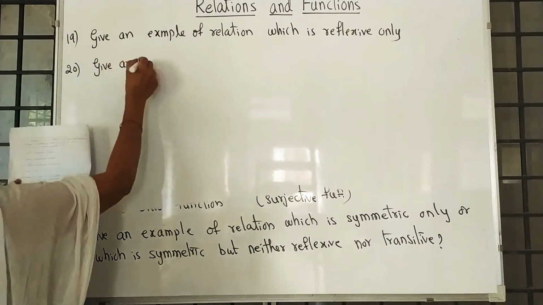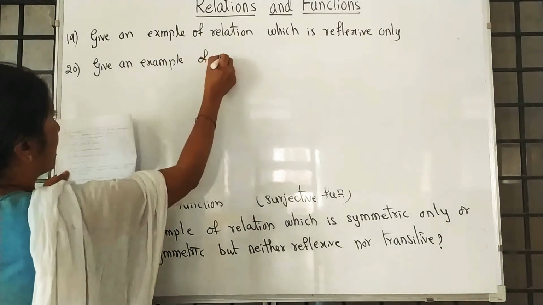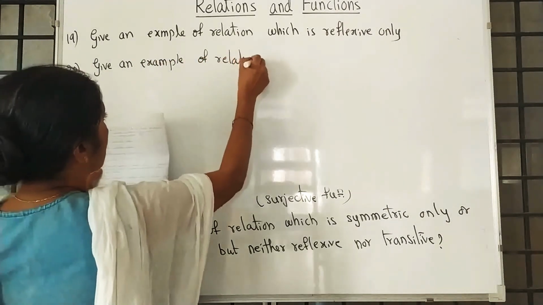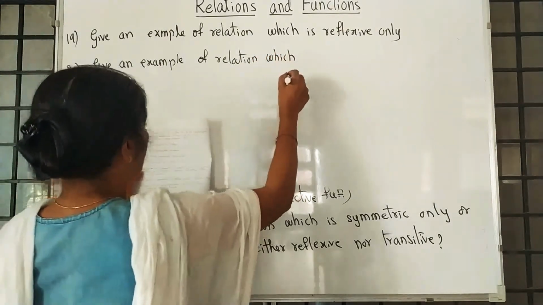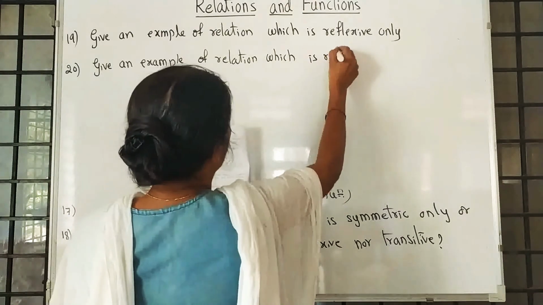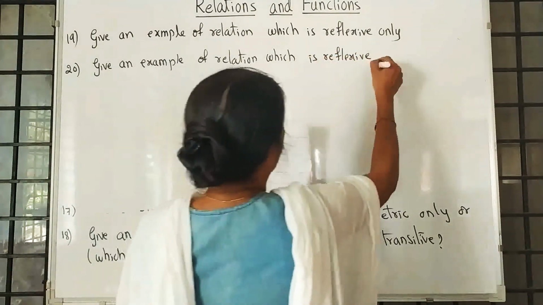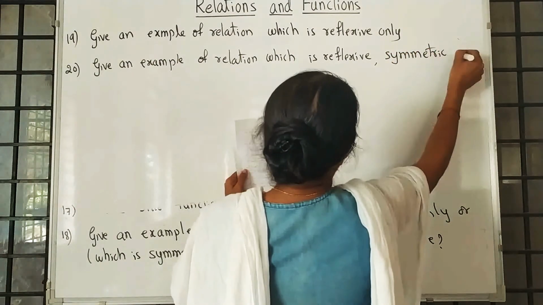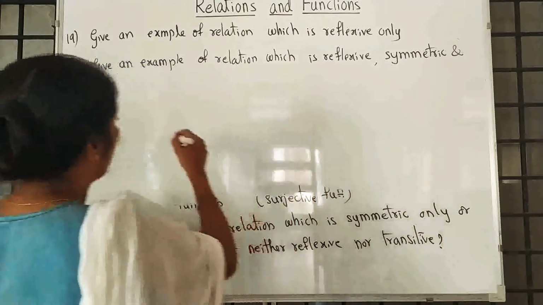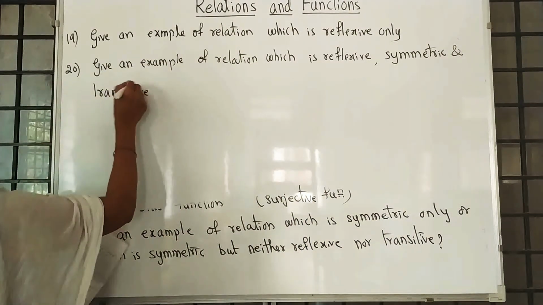Give an example of a relation which is reflexive, symmetric and transitive. You have to write only the example, not the verification of that.